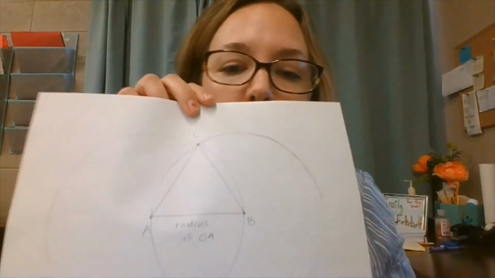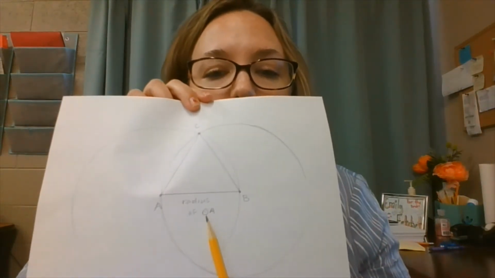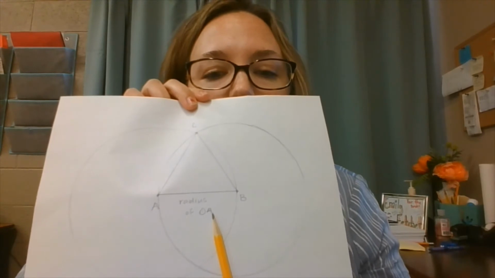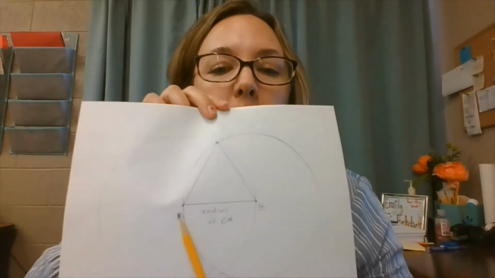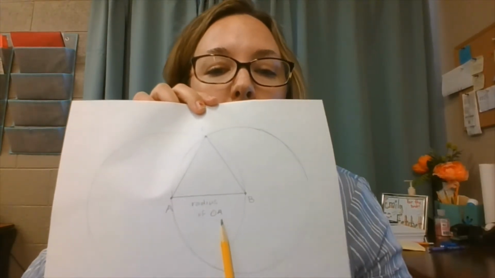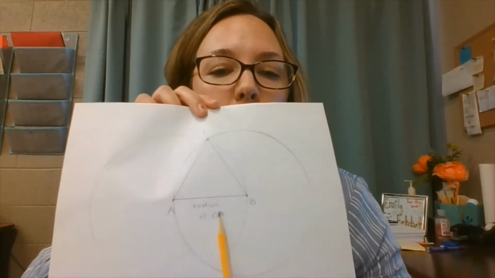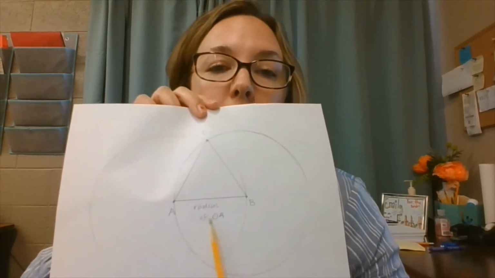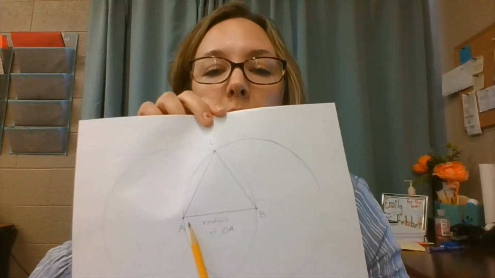Okay, so this is a radius of circle A, and you'll see that to represent circle A, they draw a circle with a dot in the center, and then the letter or name of the center point of the circle to name it. So this is a radius of circle A. It's also a radius of circle B, but we're focusing on circle A.